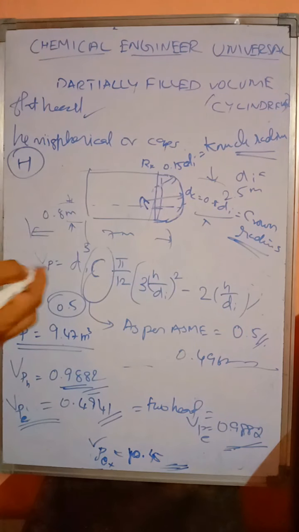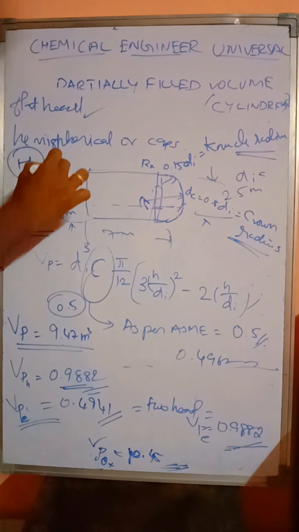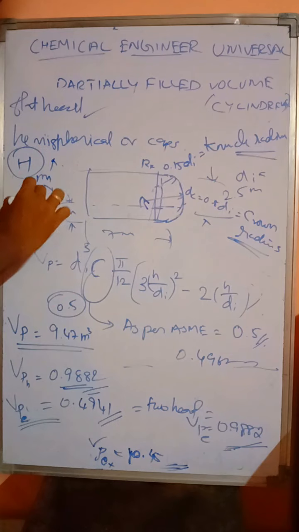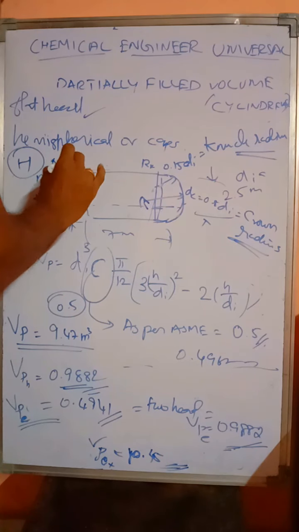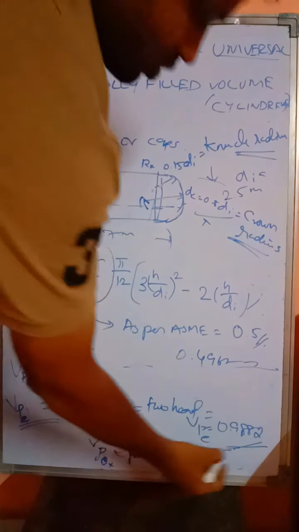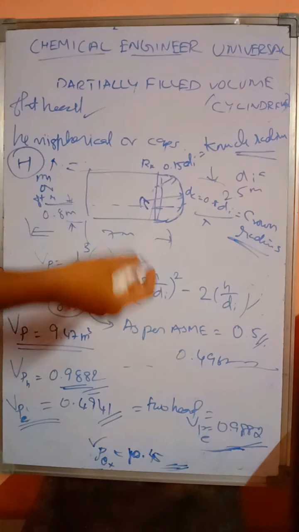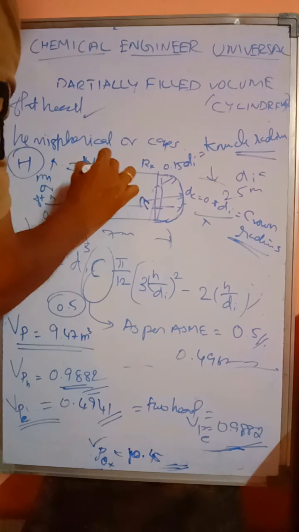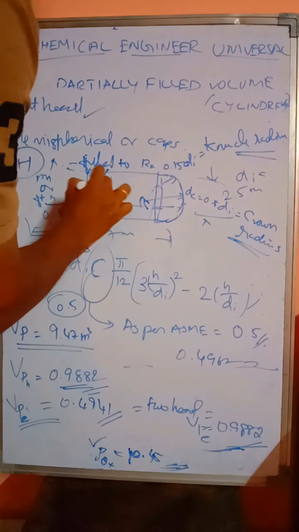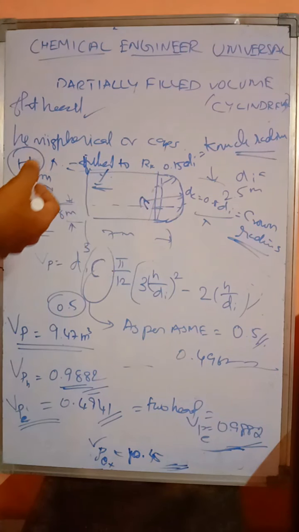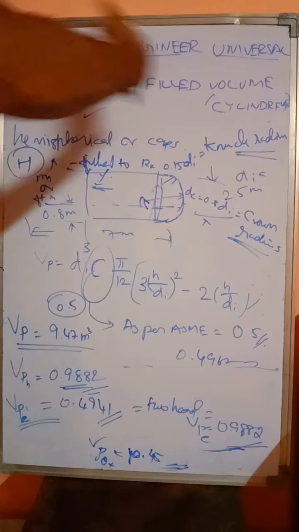Based on the level, which can be given in mm, feet or meter, you will get the direct output of the total filled volume, which can be converted into percentage. So you can come to know what percentage is filled. Like that you will get the data. So these are the total formulas.